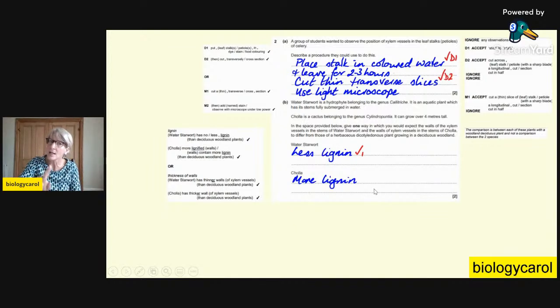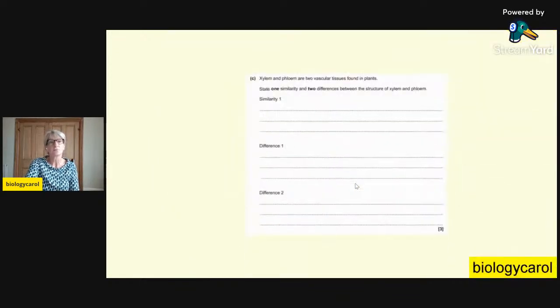I'm going to be honest, I haven't made that clear, but according to the mark scheme, because these phrases are in brackets, they're not categorically required, so I would be given the benefit of the doubt. I wrote this having taken on board the question, and I knew this would have less lignin than a normal plant, and this one would have more lignin. So I would have got the marks.